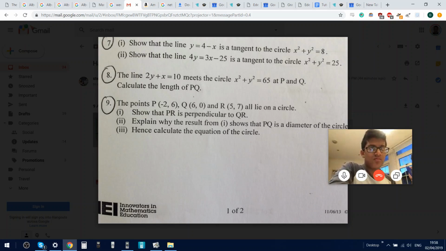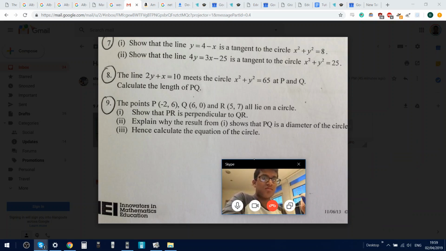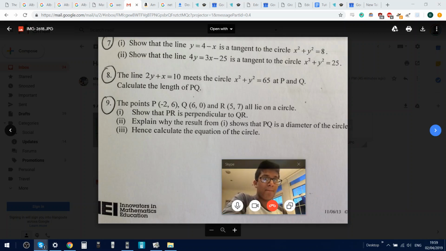Let's see, this one, the line that meets the circle, calculate the length. So you do similar things there. You can make x the subject if you need to solve, and it's Pythagoras for that one.